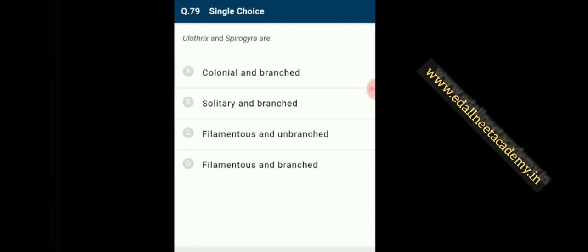Spirogyra, on the other hand, are free living and form masses floating on the surface of water bodies. They are generally found in freshwater regions and are named so due to their spiral chloroplast. Both of these groups of organisms form filaments of chains of cells and are unbranched. Both reproduce by fragmentation. So the answer for this question is option C: the plant body is filamentous and unbranched.